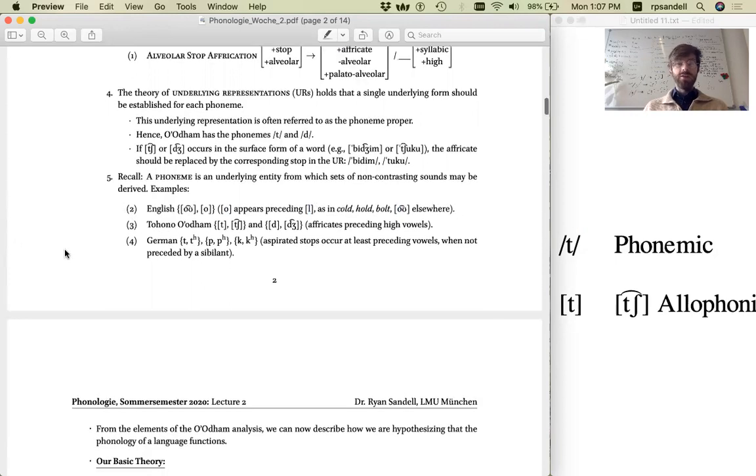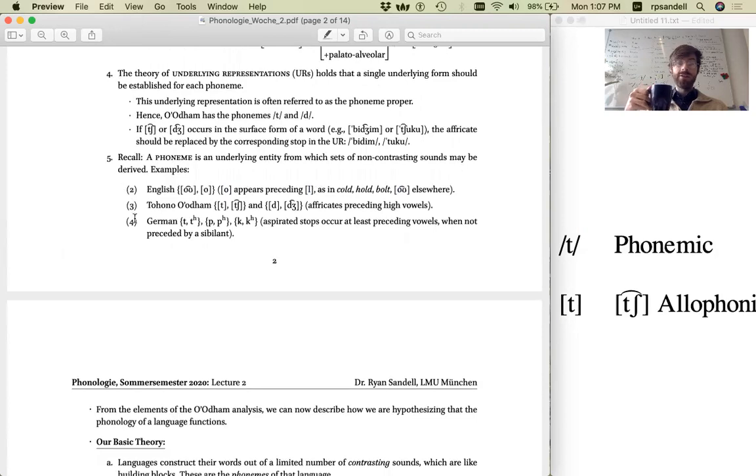And in German, for instance, and this actually pretty much goes for most varieties of English as well, there is no distinction between aspirated and unaspirated voiceless stops. And as we've seen in the exercise last week, we tend to find the aspirated stops at least preceding vowels when they aren't also preceded by a sibilant.